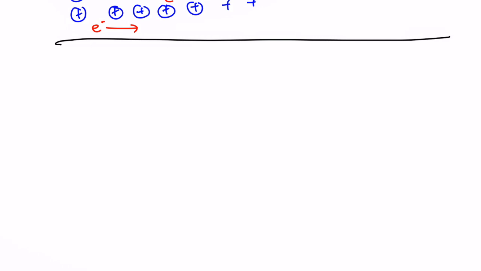Now think about it. Can I have infinite numbers of cars going along a highway? I can't. There's ultimately only so many cars that can go through per unit time.